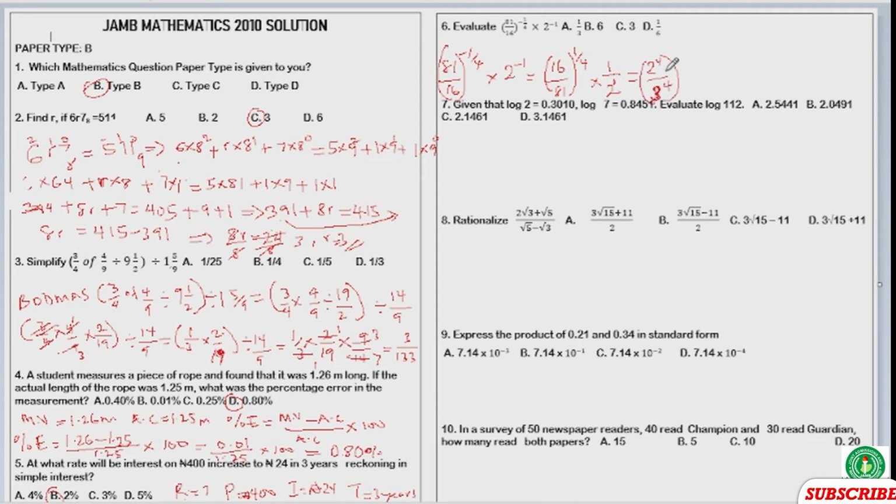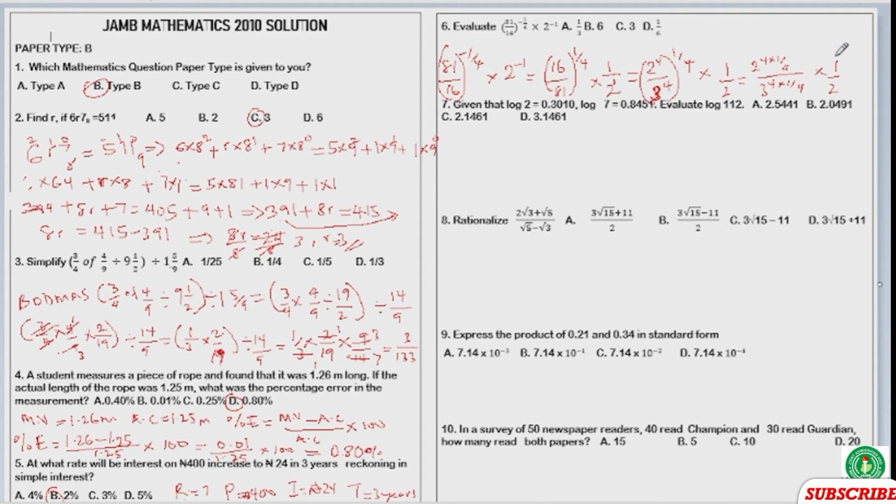So in the bracket, 1 over 4 times 1 over 2. Don't forget the 1 over 2. So you get 2 raised to the power 4 times 1 over 4, all over 3 raised to the power 4 times 1 over 4. Don't forget, we still have 1 over 2 in common here.